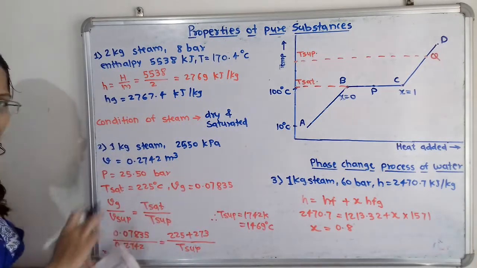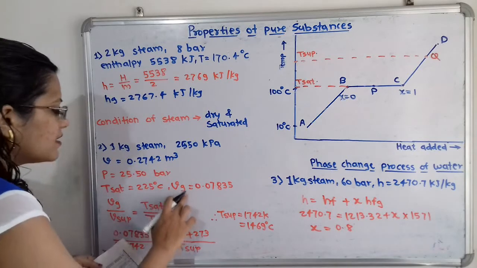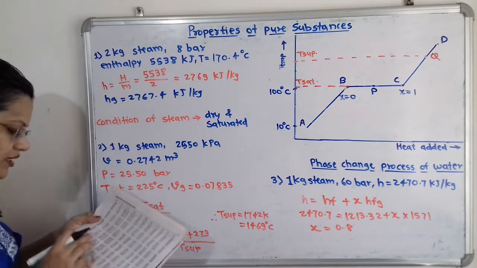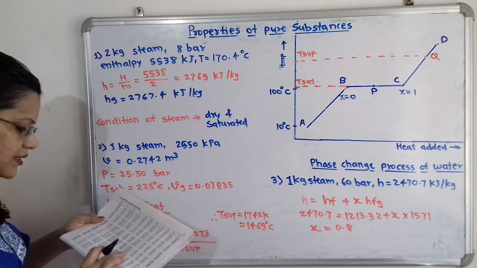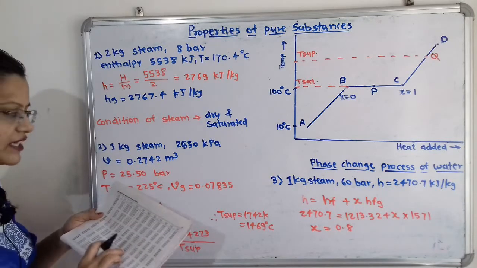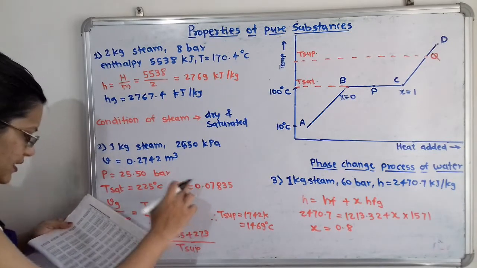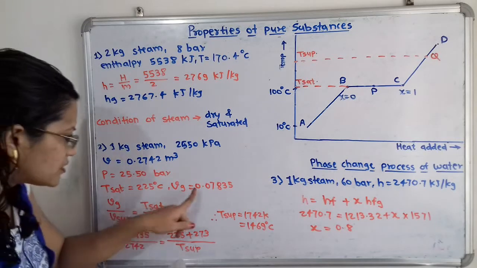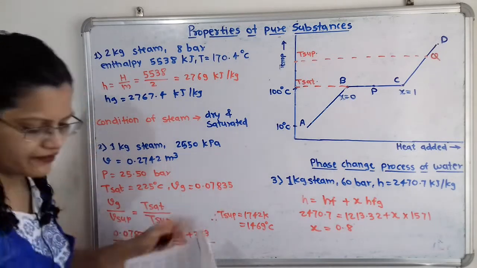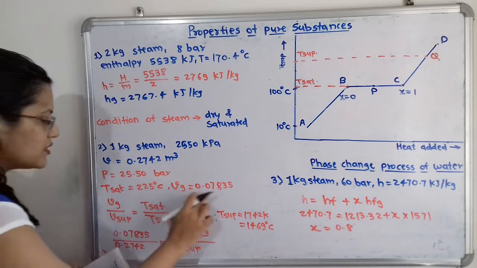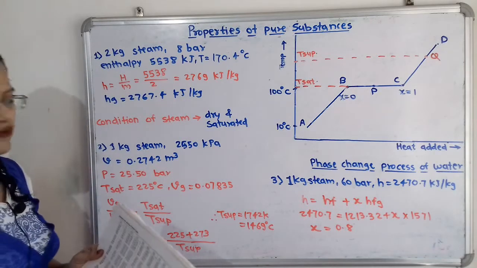So temperature is 225. And again for the specific volume of the dry and saturated steam, we will take the same average, and we get 0.07835.